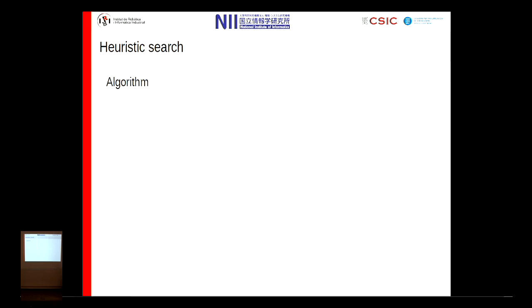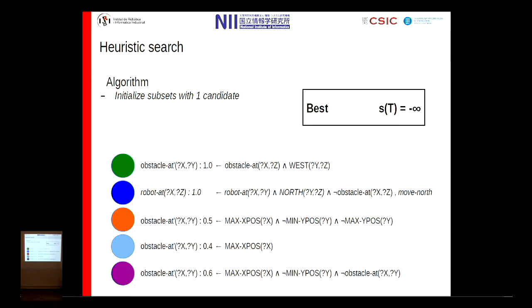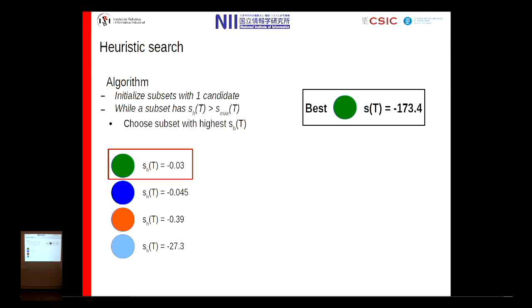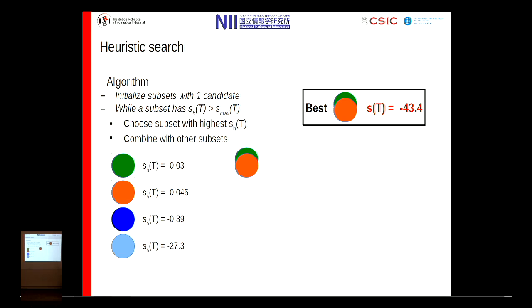And in our search algorithm, we start with subsets containing each one of the planning operators. We calculate which has the best score and the heuristic scores. We remove the subsets with bad heuristic scores. We choose the best one and combine it with other subsets.